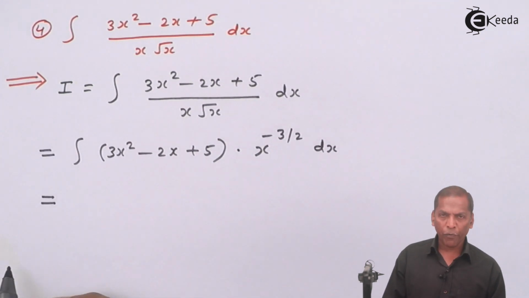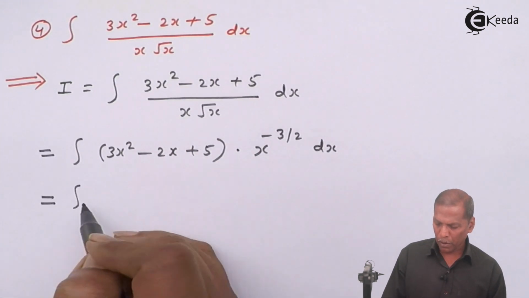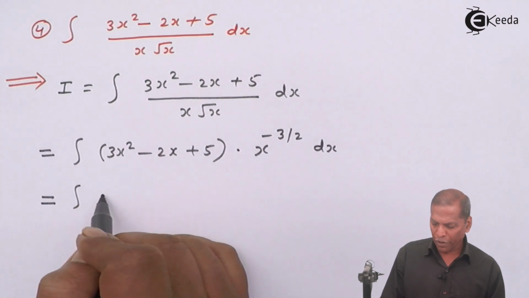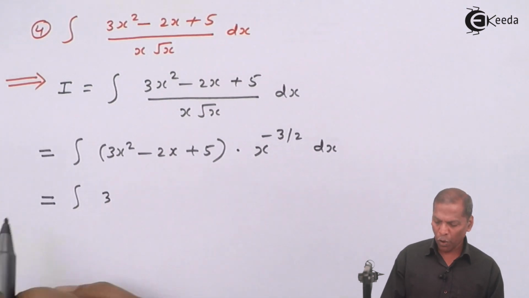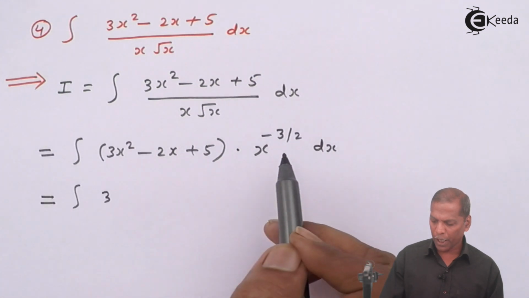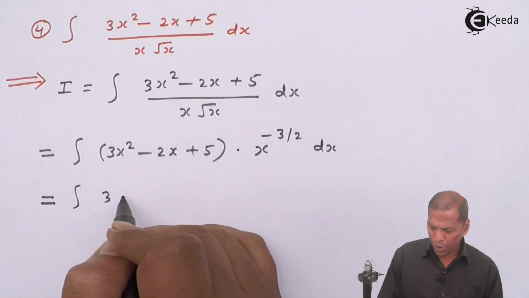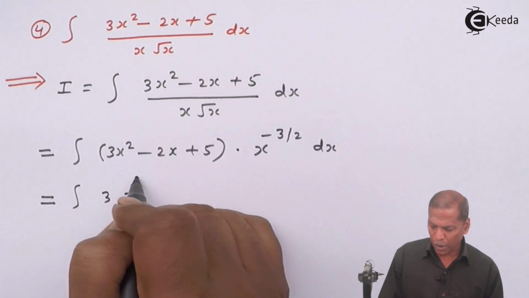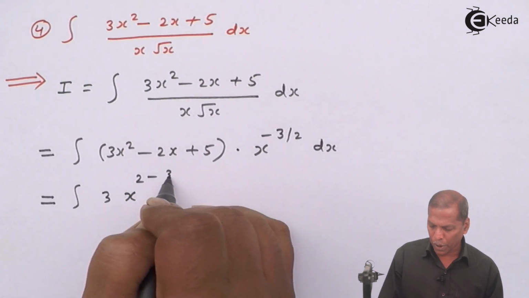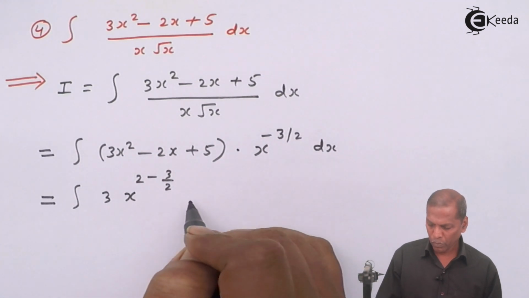So the next step will be the integral. Now we write 3 as it is. Now x square into x raised minus 3 by 2, so that gives us x raised 2 minus 3 by 2.